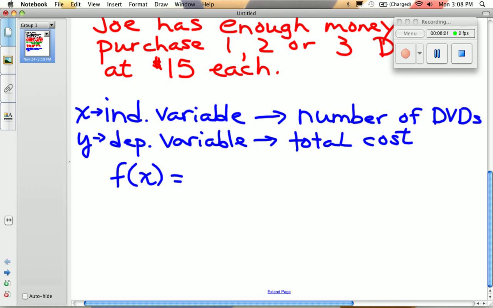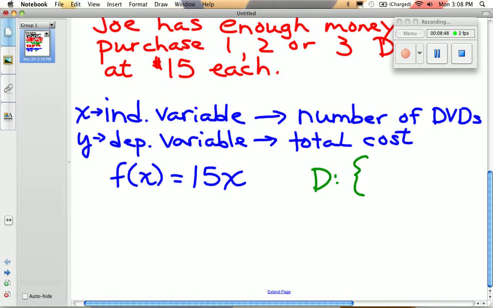Each one costs $15, right? And f of x is representing the total cost. Now notice right now we did not worry about the 1, 2, or 3. We don't care about that right now, do we? Right now we just care about, oh, he's going to buy some DVDs. We don't know how many. We know that they're $15 a piece, and that will be dependent on how much he's going to spend. Okay? So now we should be able to say, okay, what is the domain?